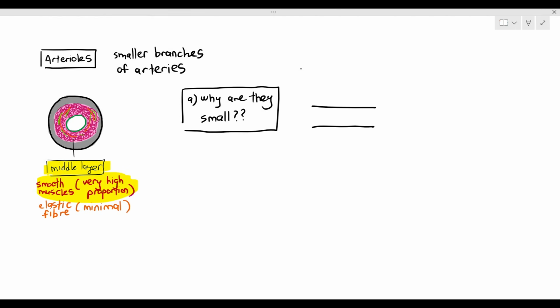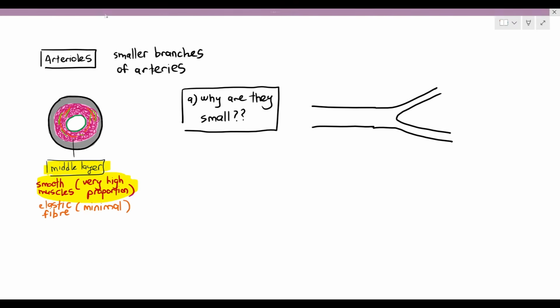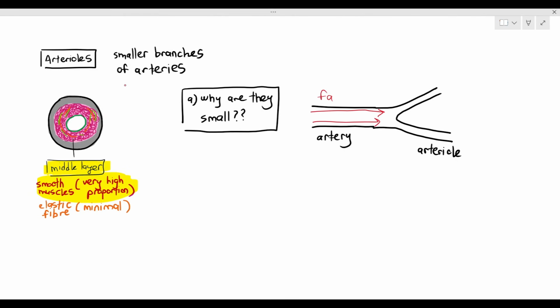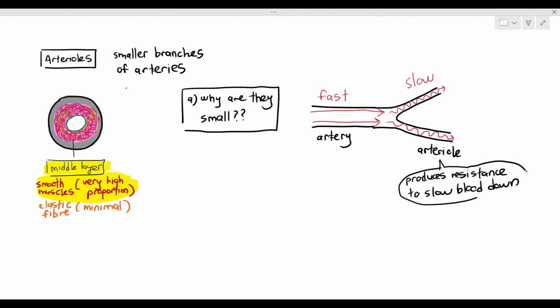The reason why arterioles have to be very small is because in the artery, blood is moving extremely fast, but the moment they go into the arteriole, the size of the lumen is quite small that it slows the blood down. This is important to happen. Now, I know a lot of students may think, oh, well, if blood slows down, that's not good. In this case, the arteriole has to slow the blood down significantly.